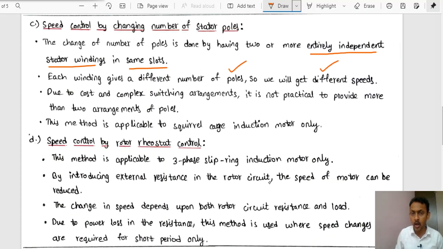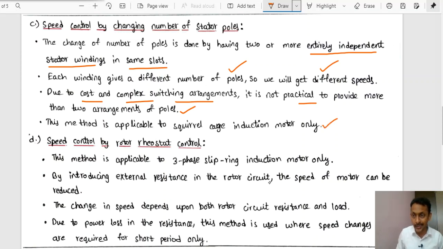Due to the cost and complex switching arrangements, it is not practically implemented to provide more than two arrangements of poles. And of course this method is applicable to squirrel cage induction motors only.